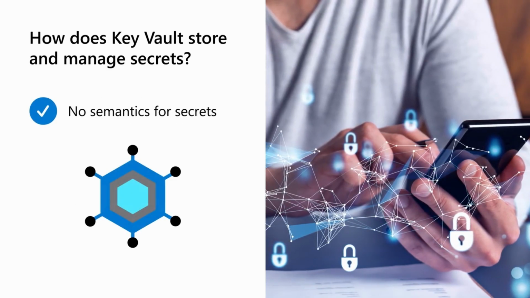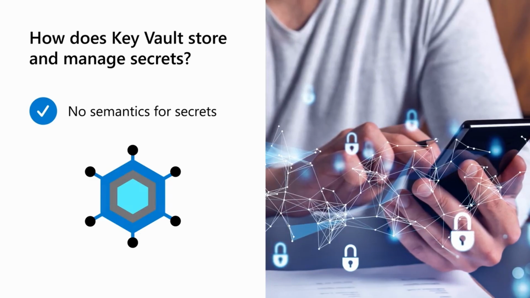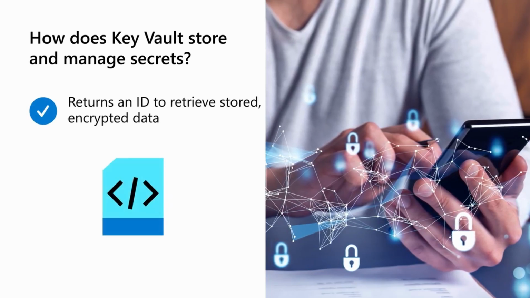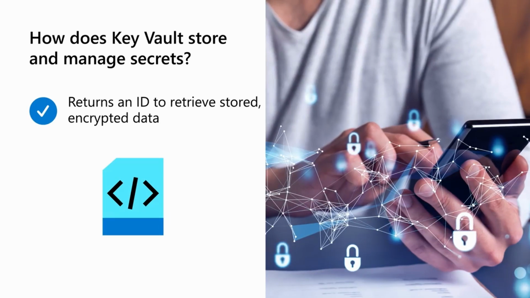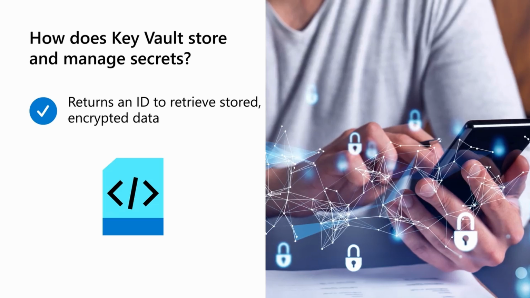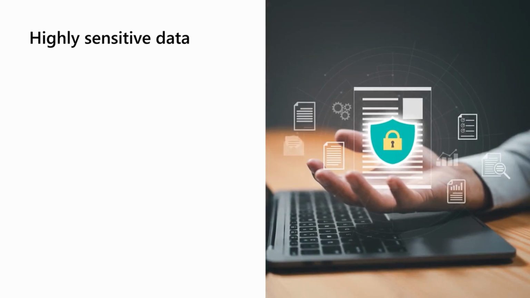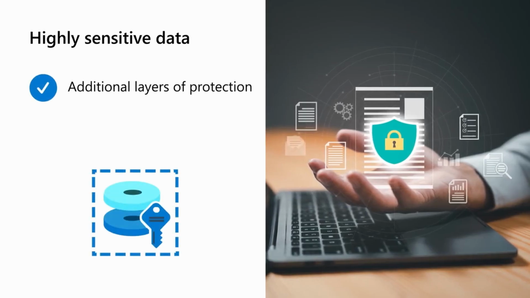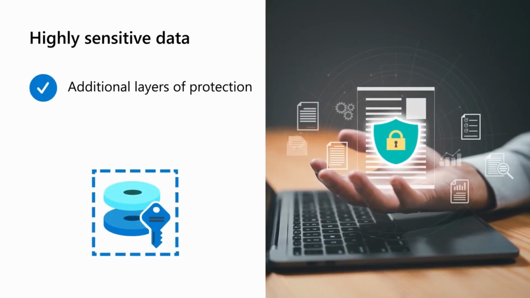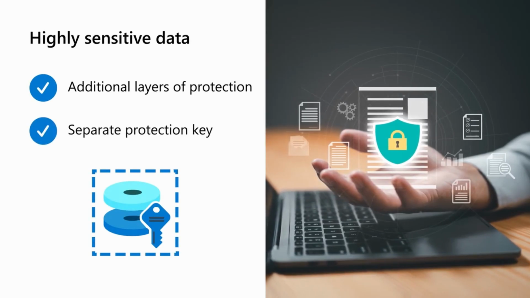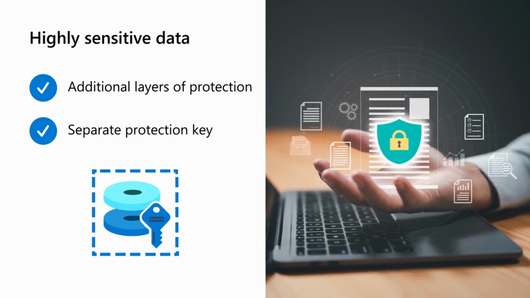It merely accepts the data, encrypts it, stores it, and returns a secret identifier ID. This identifier is then used to retrieve the secret later. For highly sensitive data, you should consider applying additional layers of protection. An example could be encrypting data using a separate protection key prior to storage in the Key Vault.